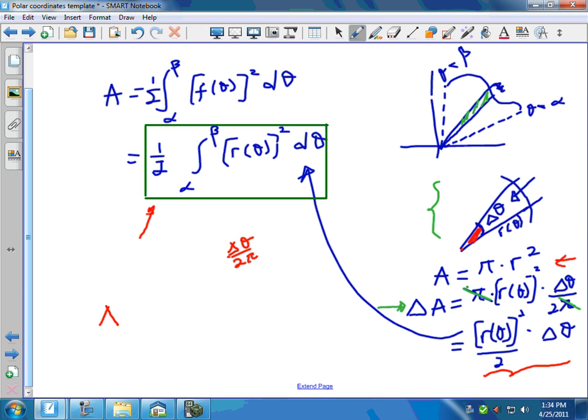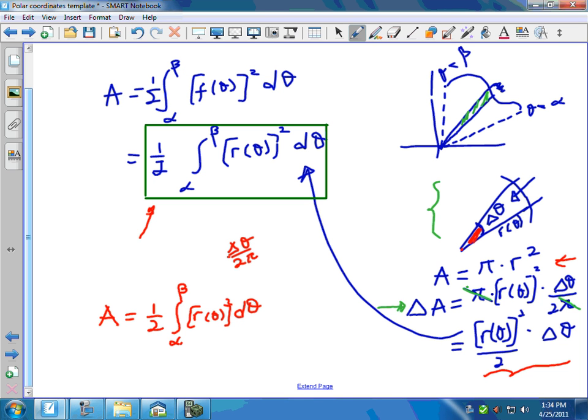So again, area equals 1/2 times the integral of whatever equation is given to you, squared, d theta, from the given alpha to the given beta. The important thing, though, is there should be no discontinuities. This should be a smooth curve. And also, the curve should go around this only once.